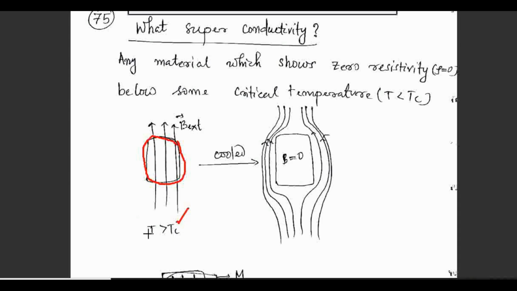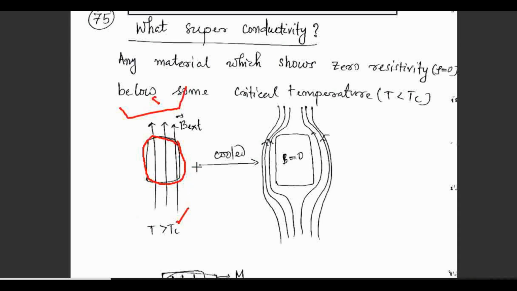When the material's temperature is greater than Tc, you can see that the external magnetic field that I have applied is penetrating through that material. Let's suppose this is the south pole and that is the north pole. These are strong magnets. The magnetic field lines are passing through that material.